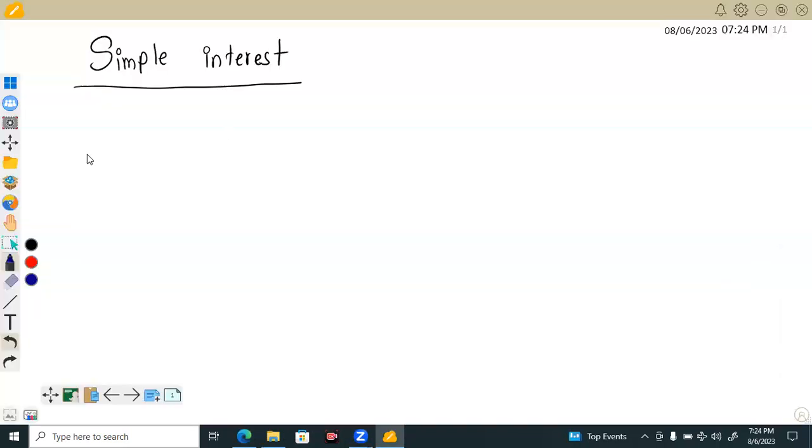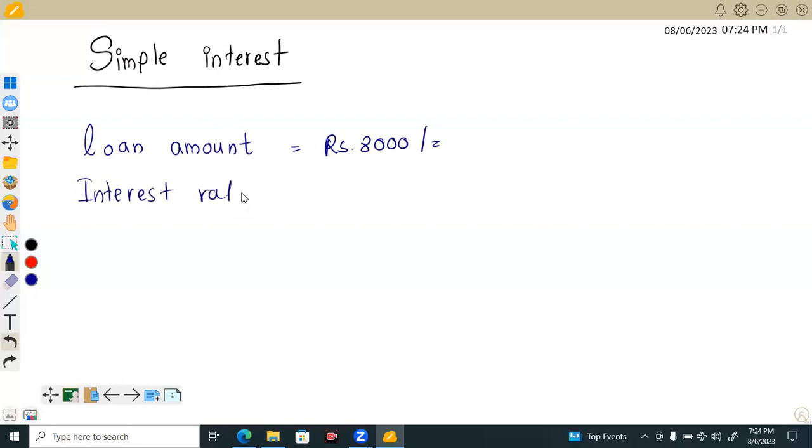Then what is the loan amount? Loan amount that he has borrowed is equals to 8,000 rupees. Okay, what is the annual interest rate? Interest rate is equals to 6%. Okay, 6%.